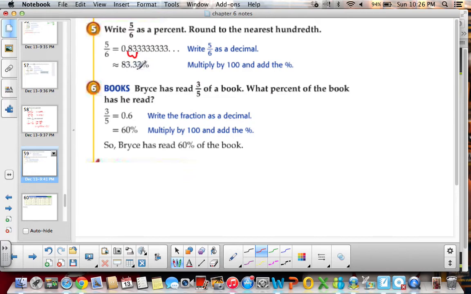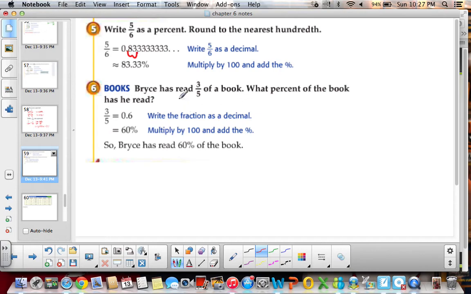So then we have 83.333%. Okay? So because I'm just dividing and I get a decimal, then I need to convert it to a percent. If I write it as a proportion like I did before, then that number already was set to be a percent.